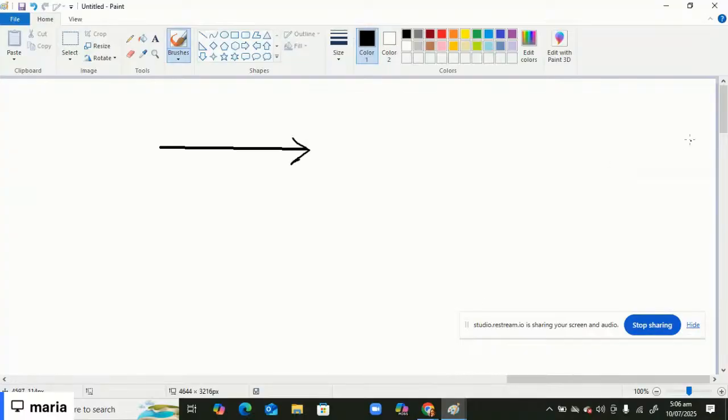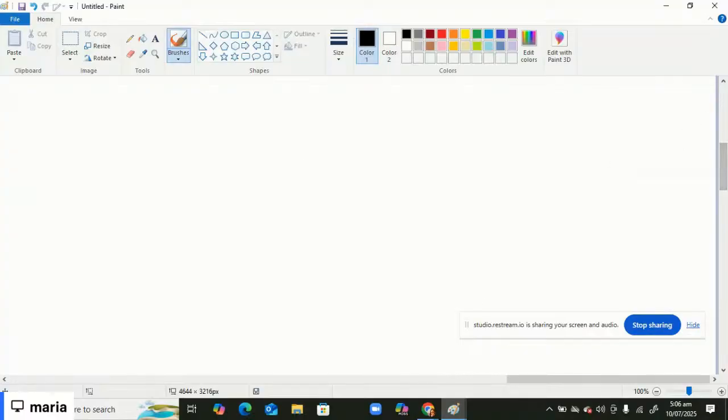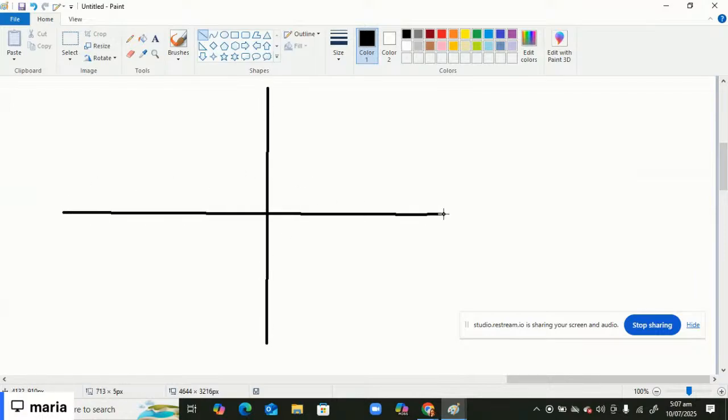Let's suppose I'm going to write a graph here, and I'm going to draw the vector representation over there. Okay, let's suppose here is the graph. This is your x-axis and this is your y-axis. This is positive x, starting from 0, 1, 2, 3, and 4.